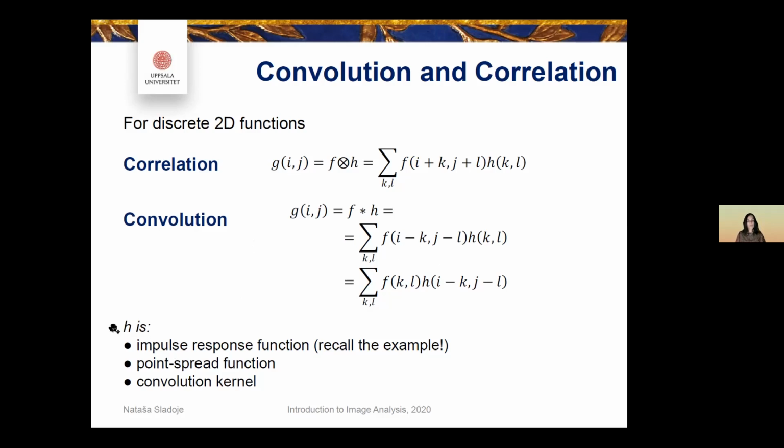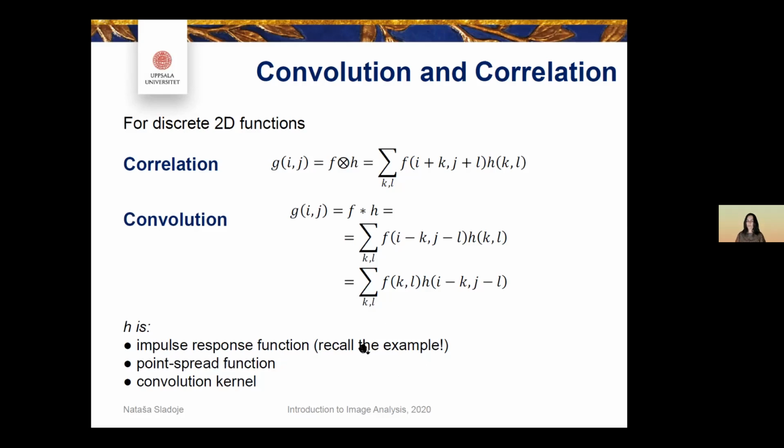So this h, which we use to apply to our image function, is the function itself. It is often referred to as the impulse response function.